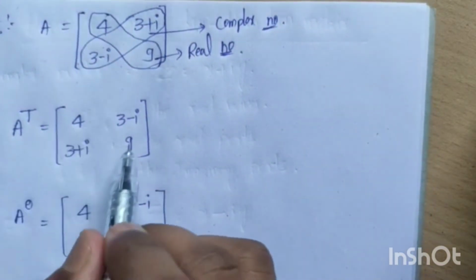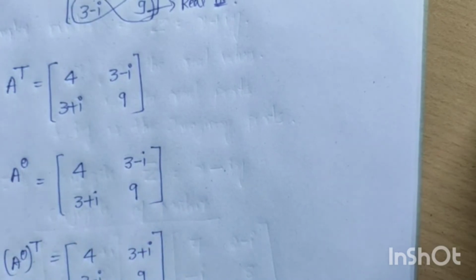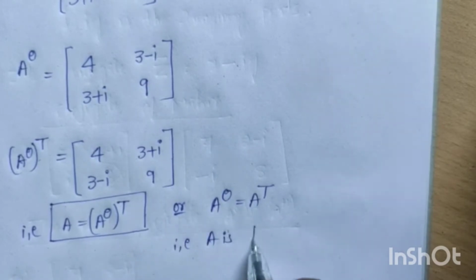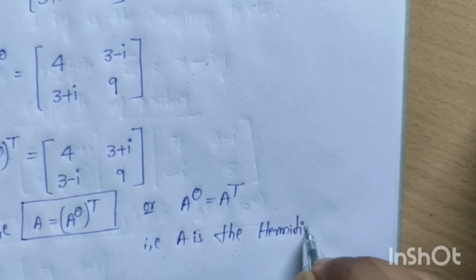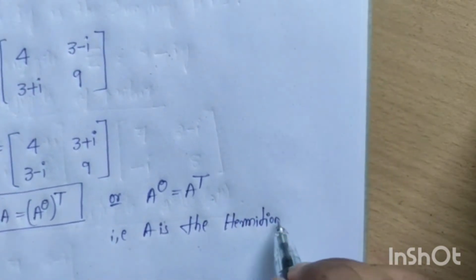It is the same as A, so A is a Hermitian matrix.